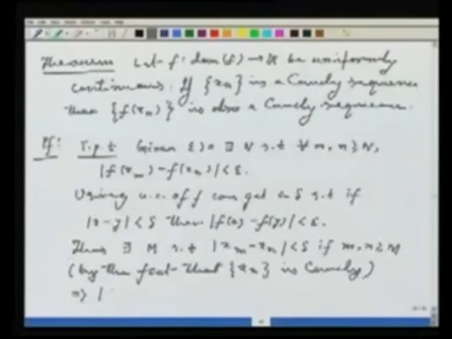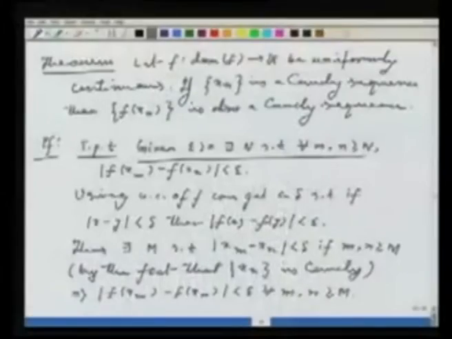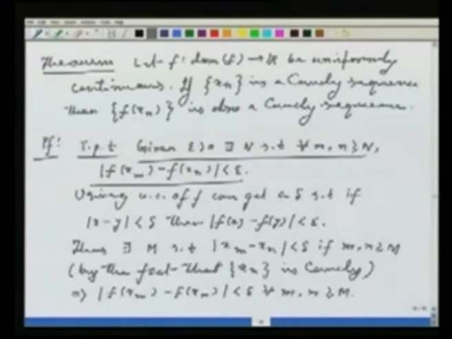Okay. But then by definition of uniform continuity, mod of f(xm) minus f(xn) is less than epsilon for all m, n bigger than or equal to the same capital M. But this is precisely what I wanted to prove here, that given epsilon bigger than 0, there exists N such that for all m, n bigger than or equal to N, mod of f(xm) minus f(xn) is less than epsilon.